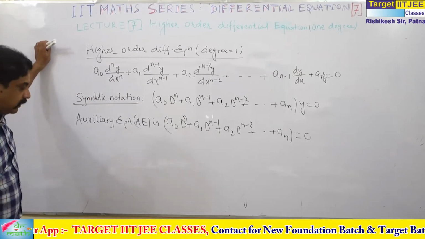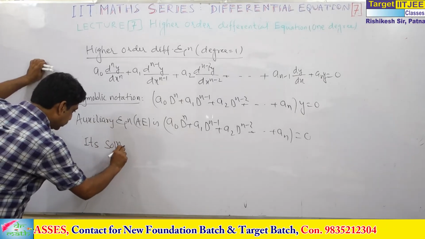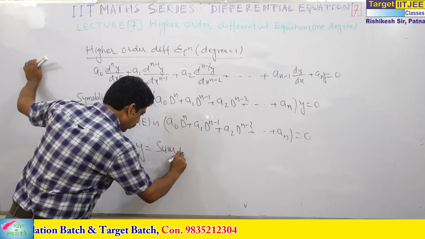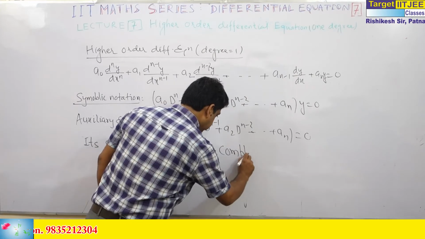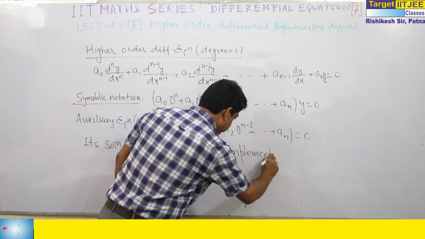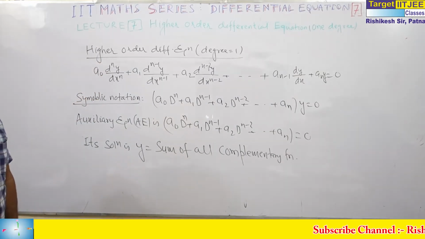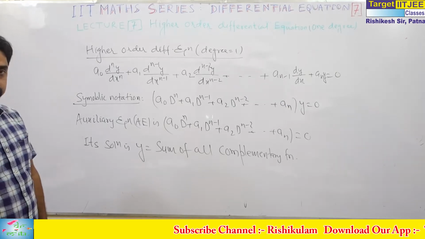Now its solution is y equal to the sum of all complementary functions. I think you are getting nothing now, but when I give you an example, you will know.